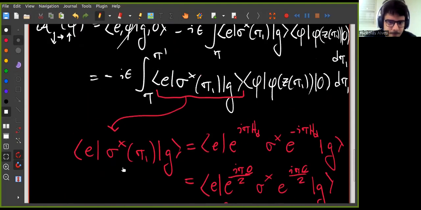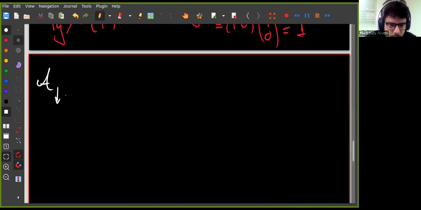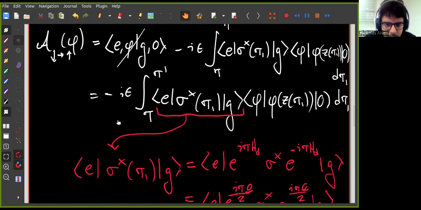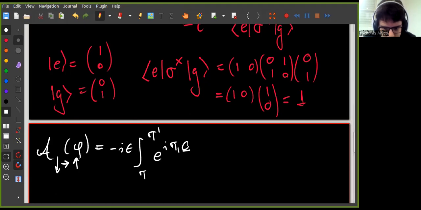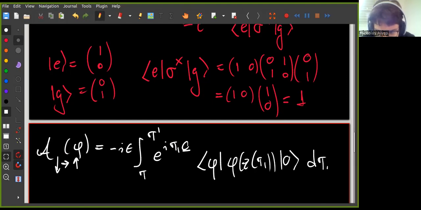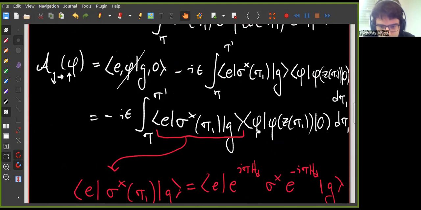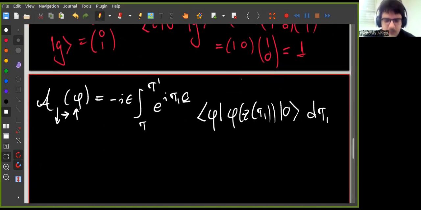Therefore, this amplitude can be written as minus i epsilon integral from tau to tau prime e to the i tau 1 omega phi z of tau 1 0 d tau 1. Okay? So we get to this.